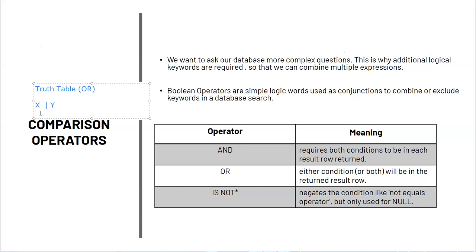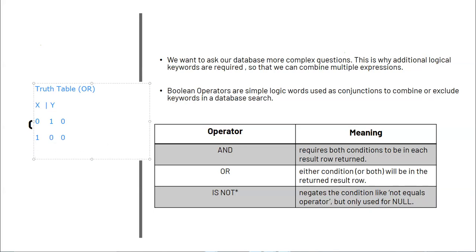So for the AND truth table, if X is 0 and Y is 1, that means X is false and Y is true, our answer will be 0. If X is 1 and Y is 0, our answer will be 0.